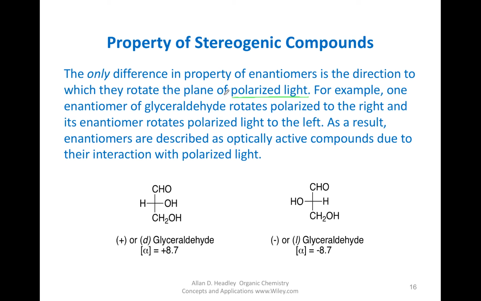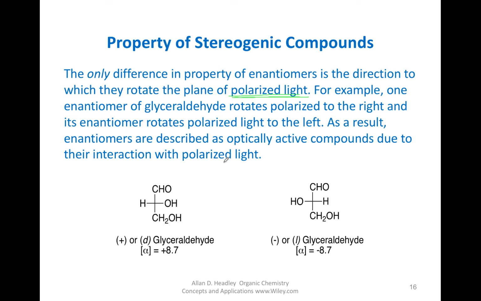Okay, if you pass polarized light through an enantiomer, it will rotate that light either to the right or to the left. So one enantiomer will rotate it to the right. Its enantiomer, the other enantiomer, will rotate it to the left by the same degree.